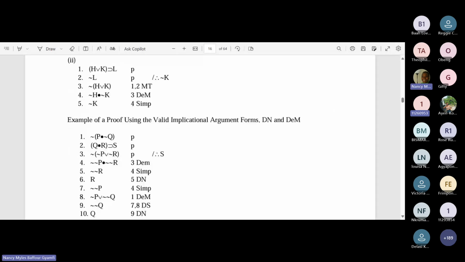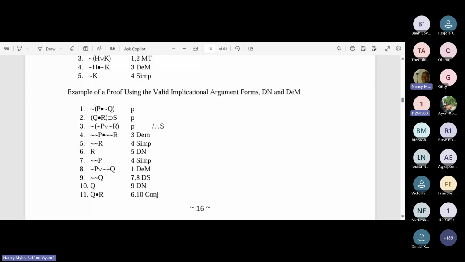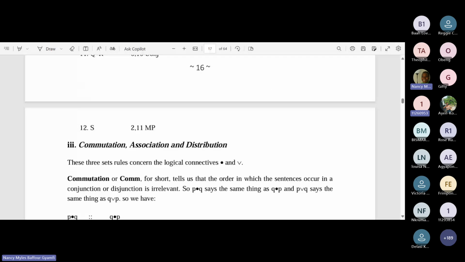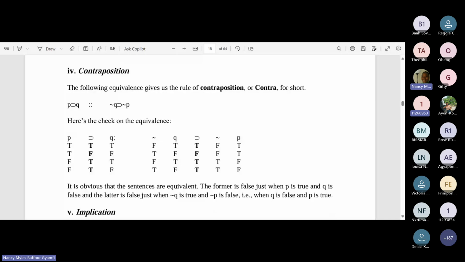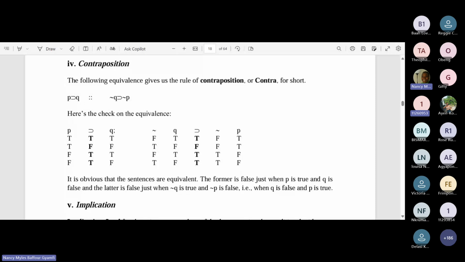See how we are jumping now? We are done. Look at this. Very long proof where you use a bit of De Morgan and what have you. There's commutation, association. At this stage of your deductive logic, you know how to apply rules of replacement to inferences to what have you. You know them all already.